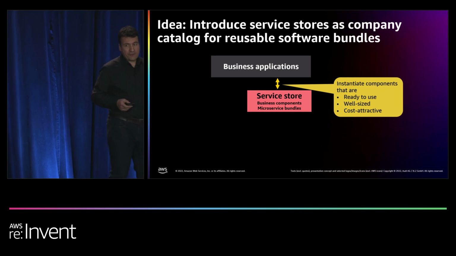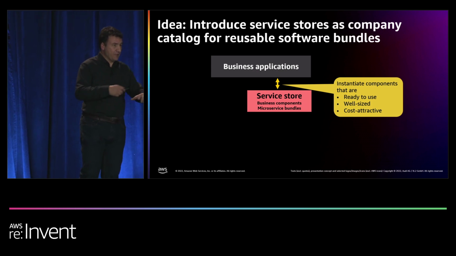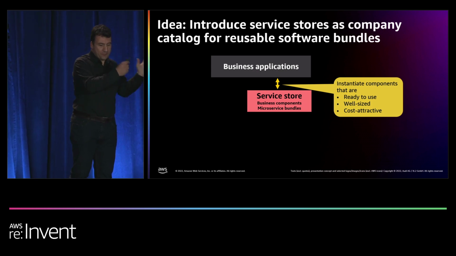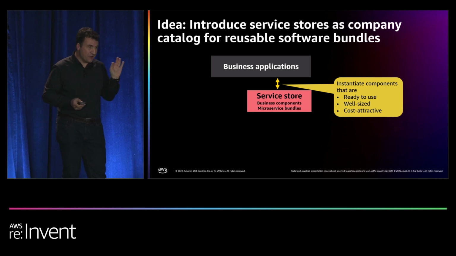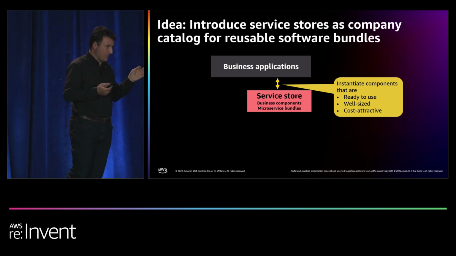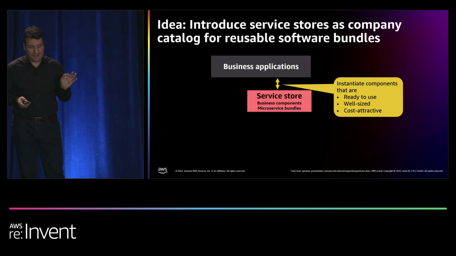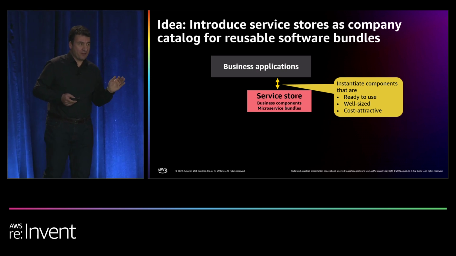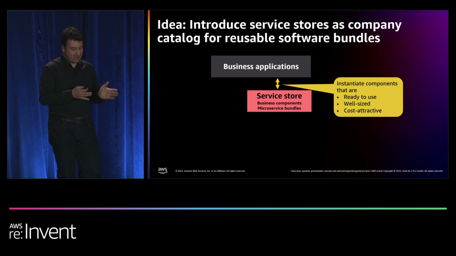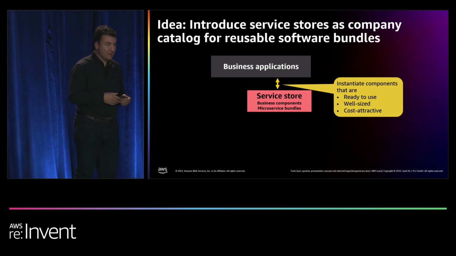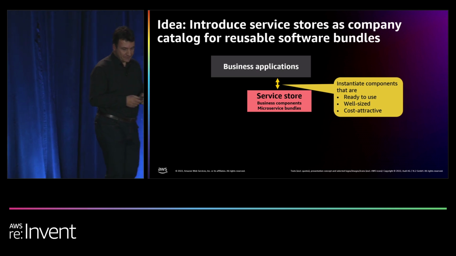Those components should also be well sized. That means whole applications to put in the service store is maybe too big. A very little service that just gives you a stock value or a very tiny thing is maybe too small, because the amount of effort to implement it by yourself is maybe lower than searching for such a small thing.